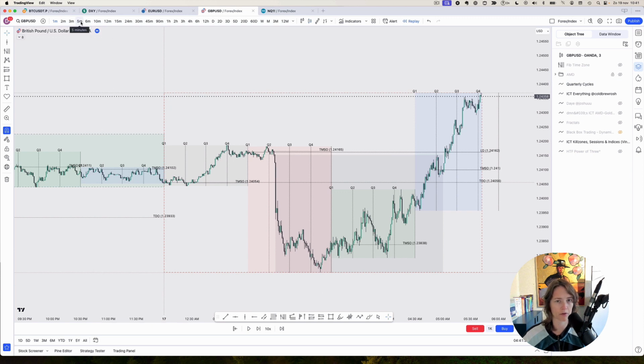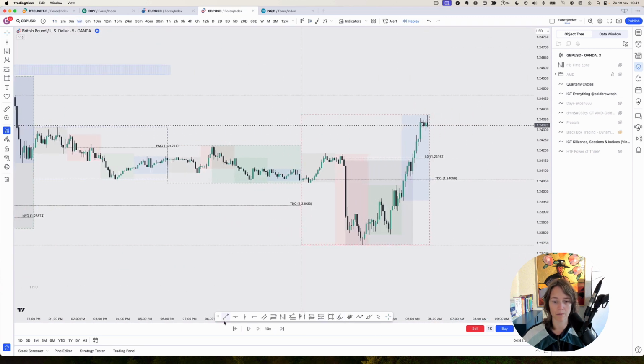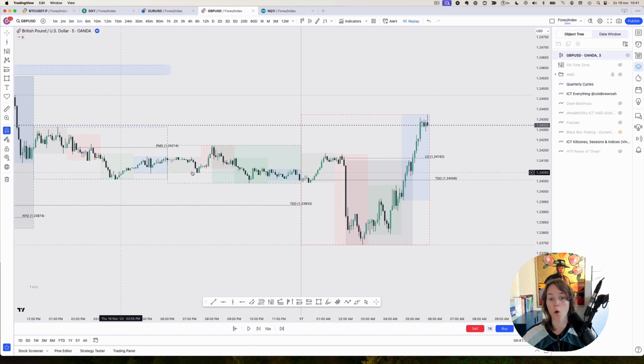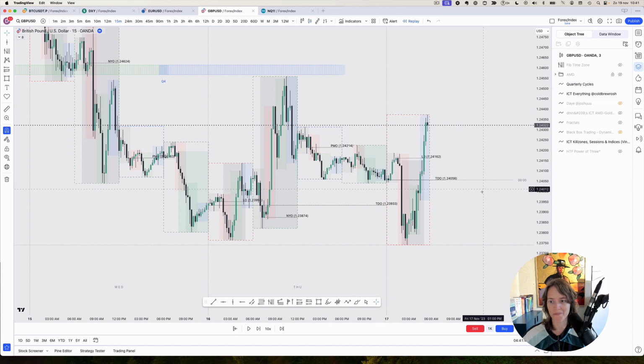That becomes a reference point for a lot of price action. So when ICT says buy below midnight open and sell above midnight open, it actually applies to all time frames and to all cycles and to all quarters. I really recommend you studying this, and I think it is the holy grail in trading.